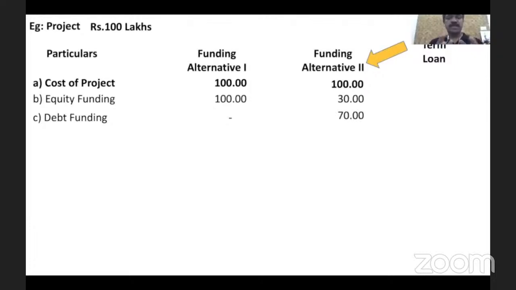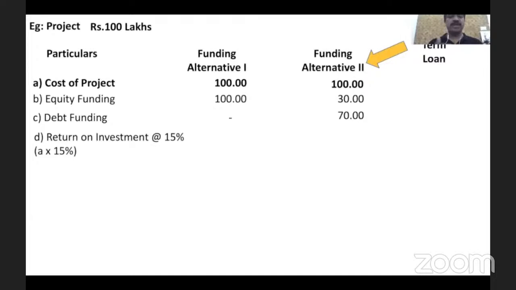Now listen. This project is taken up with an understanding that it will generate a minimum return of a certain percent. Let's say this project is capable of generating a minimum return on investment of 15%. This is the return which this 100 lakhs will generate.